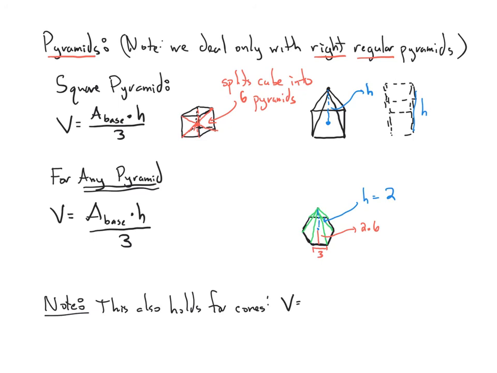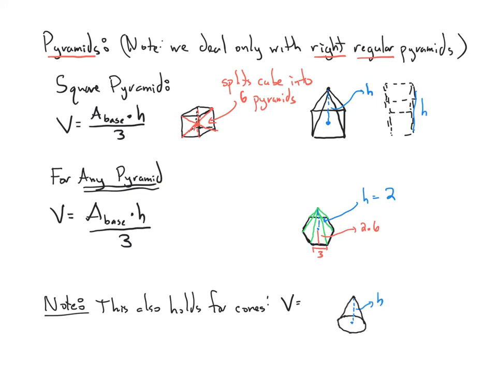And also, we're going to think of cones as pyramid-like enough, or I should say right regular pyramid-like enough for us to use this formula. So if we have this cone, so here's a circle, and I pick a point just above the center, and we call that length h, and then I make it into a cone.